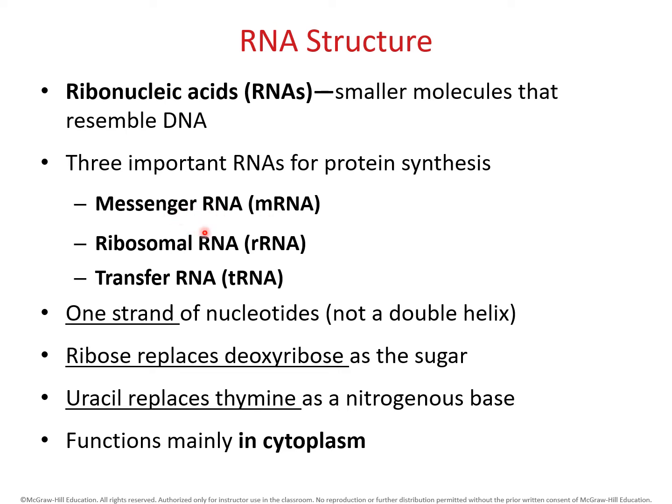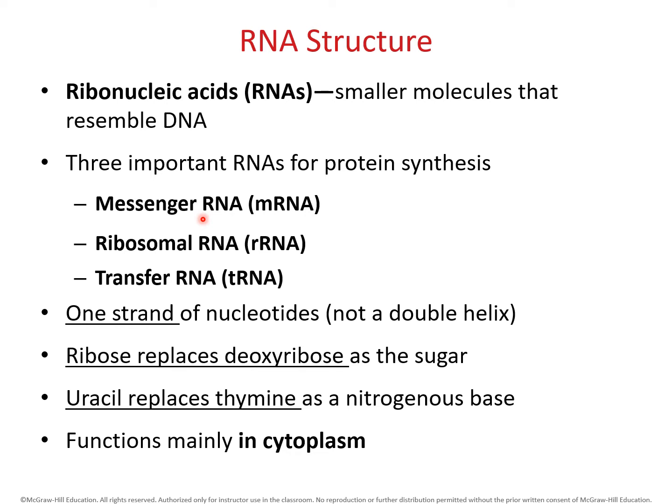That's because messenger RNA is a copy of DNA. It's a copy of the DNA strand. And so messenger RNA is just what it sounds like. Messenger RNA is going to go and get a copy of DNA in the nucleus. Remember, DNA lives in the nucleus. It does not leave the nucleus.